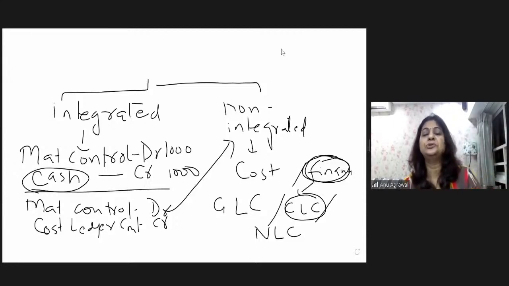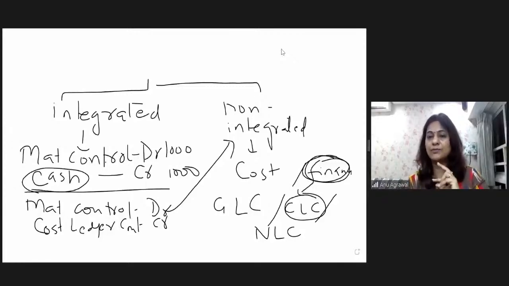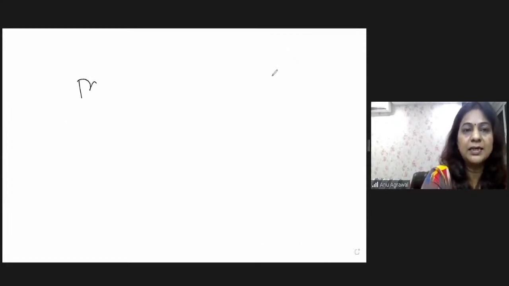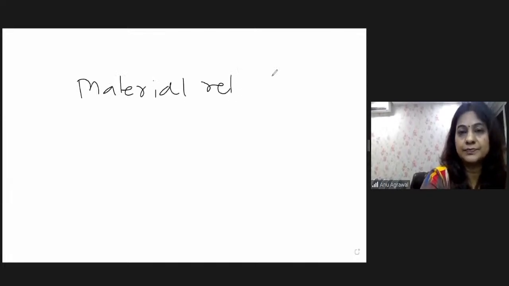I'm not allowed to use any finance term. Instead of a finance term, I will use the word cost ledger control account or general ledger control account or nominal ledger control. Right? So say for example, material is returned. Now let us say I'm taking up the example.